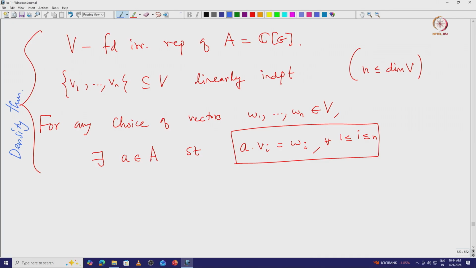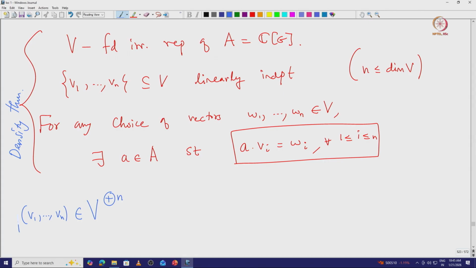Equivalently, if you think about it in terms of representations, we can look at the direct sum of n copies of V. Then it is clear that this vector V1 etc. Vn is indeed lying here. This is the given set of linearly independent vectors.